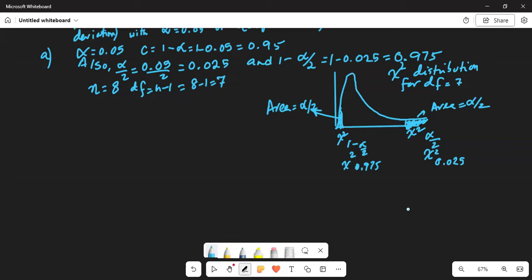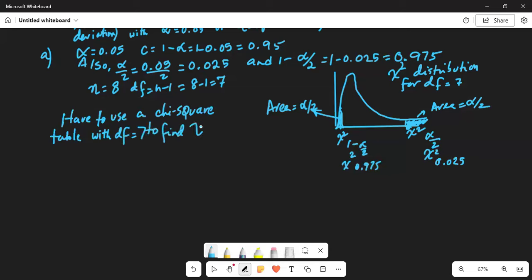So we need to use a chi-square table with degrees of freedom 7 to find chi-square 0.975 and chi-square 0.025.